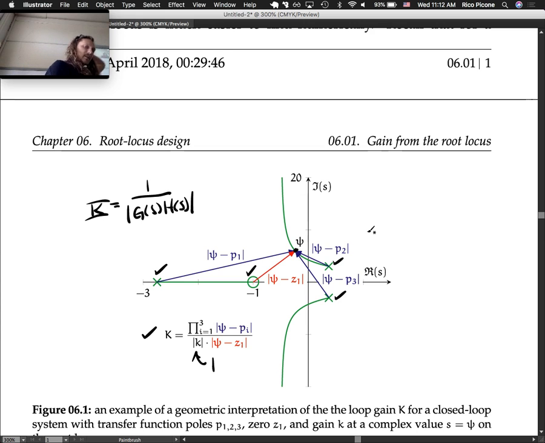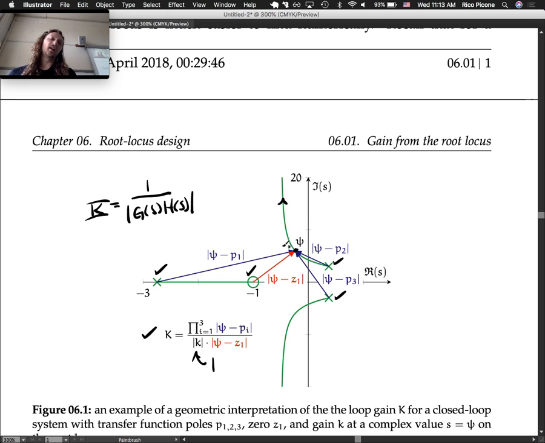So that's the geometric interpretation. It works well if you're trying to just do this by hand, and it gives you a feel if you move this around. There are 3 pole vectors and 1 zero vector in this case. As you increase the gain here, you're moving along this line in this direction.